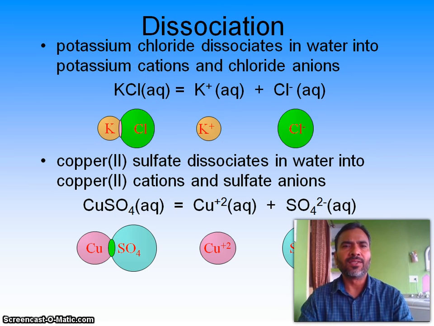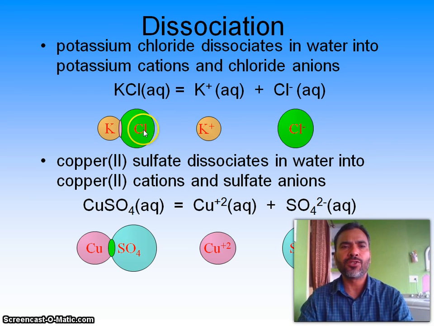Potassium chloride, KCl, dissociates in water into potassium cations and chloride anions. Look at this: KCl aqueous, meaning in water, K plus aqueous and Cl minus. This is separation. So how does separation occur?